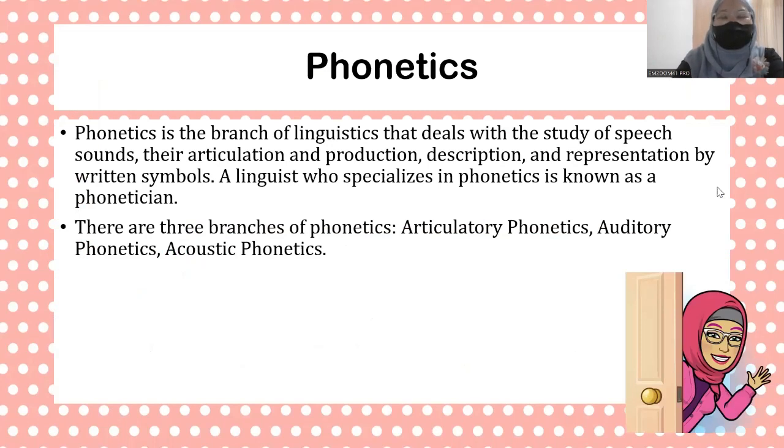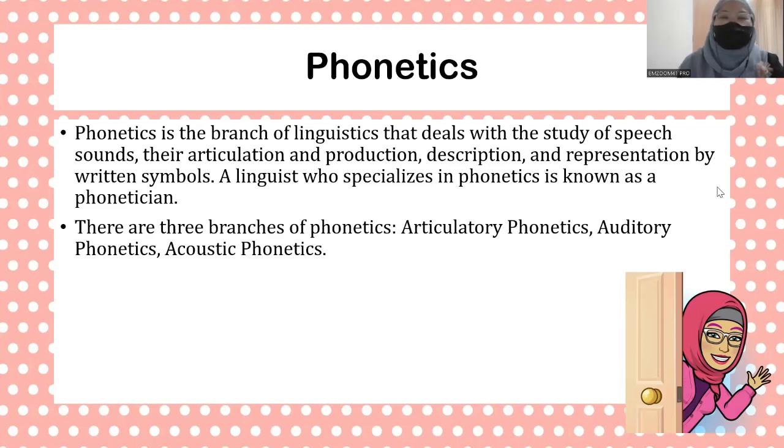Now let's begin with phonetics. If you have tried looking at a standard dictionary, perhaps you will find some different alphabets on how to read certain words. Yes, those are phonetic symbols, and that's what we are going to study now. Phonetics is the branch of linguistics that deals with the study of speech sounds, their articulation and production, description, and representation by written symbols.